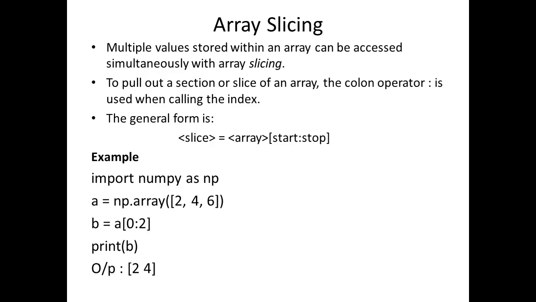Now you can specify the array slicing 0 to 2. Between 0 and 2, how many elements can you slice? Start with the 0th position, then from the 0th position, the 2 values you can slice. So start from 2 and 4. Totally 2 elements you can slice.